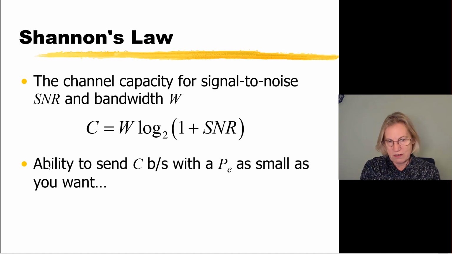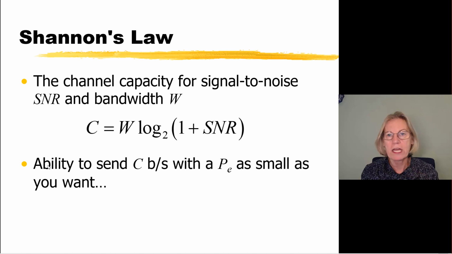This is the equation which gives the channel capacity, but I should say that the definition of the channel capacity is our ability to send C bits per second with the probability of error as small as we want. So if I want smaller and smaller probability of error, I can throw my complexity at this problem.